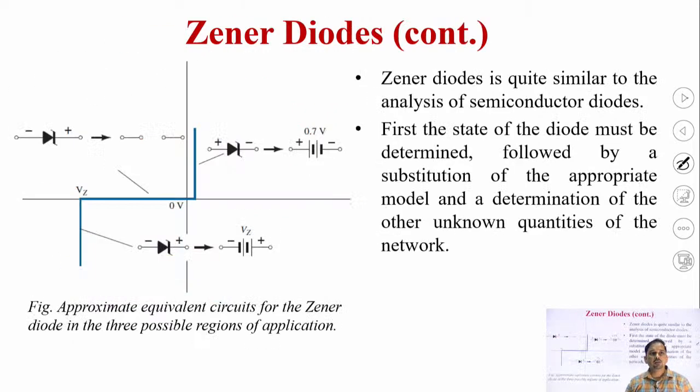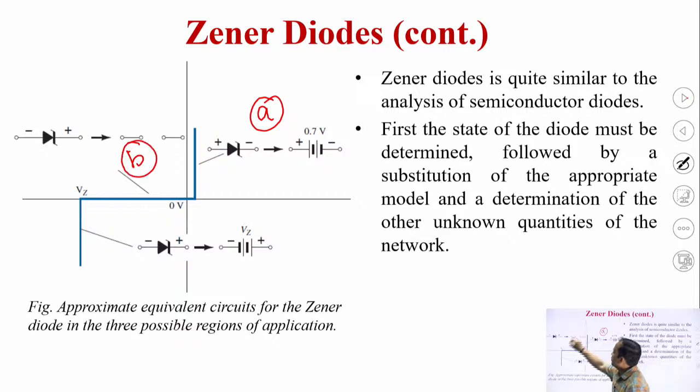Now we will see the approximate or equivalent circuits, and how this Zener diode can be used in applications. So we are dividing the characteristics into three regions. The first region is the forward bias, the second region is where the applied voltage is between Vz and 0, and next is the C region, where we increase the reverse voltage further beyond Vz.